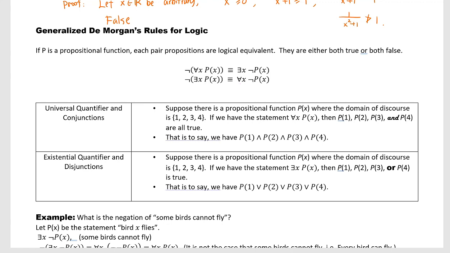Let me give you an example. Let's say P of x is people like math. So person x likes math. And let the domain be the students in this class.